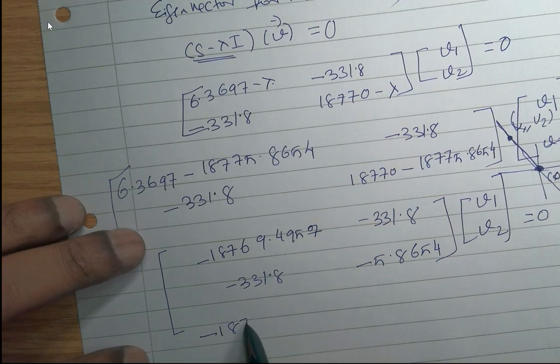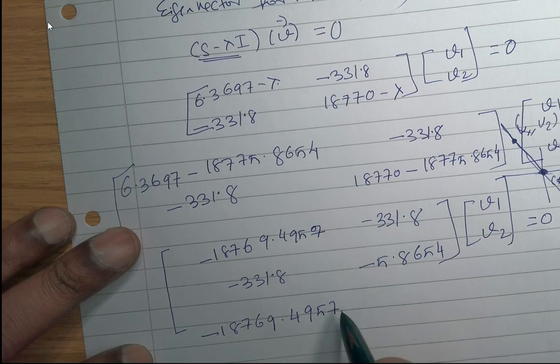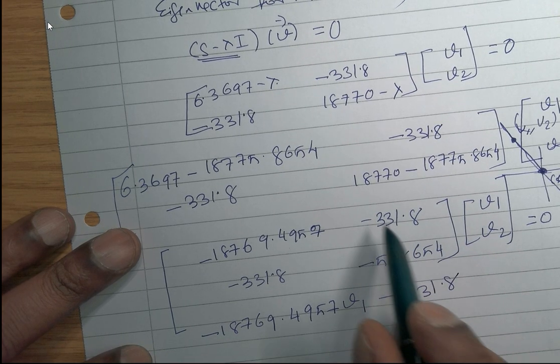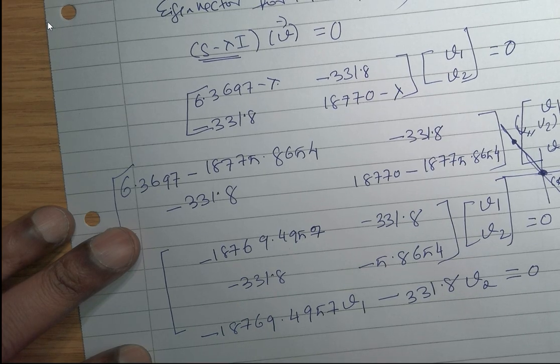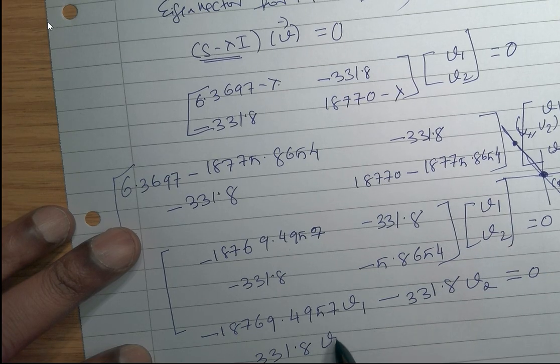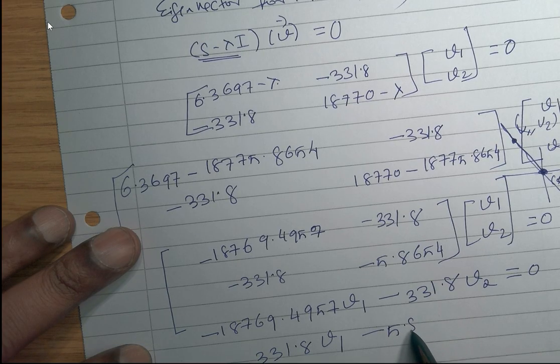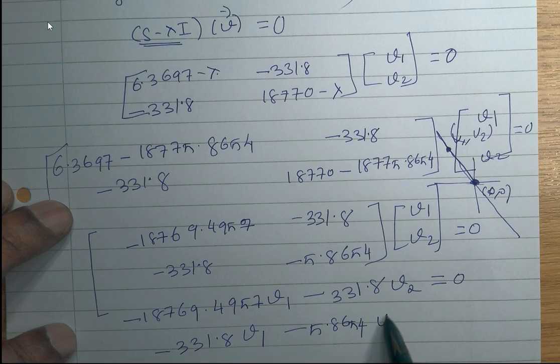The first: minus 18769.4957 multiplied by v1, minus 331.8 multiplied by v2, equal to 0. And the second: minus 331.8 multiplied by v1, minus 5.8654 multiplied by v2, equal to 0.